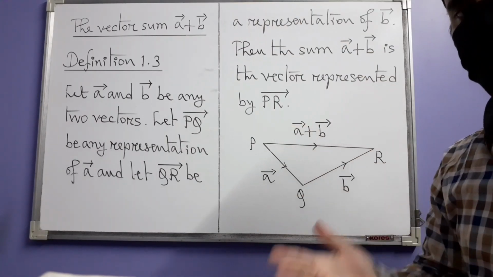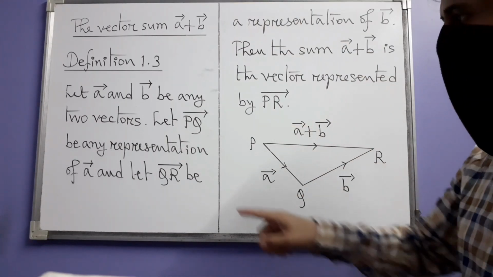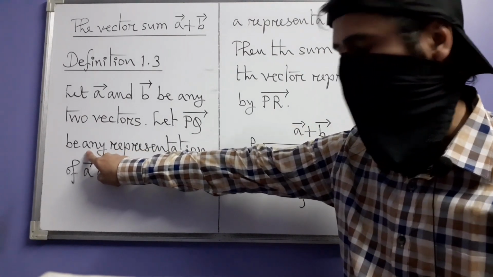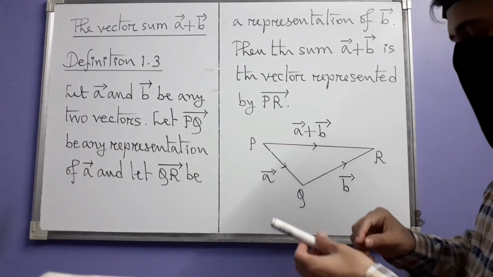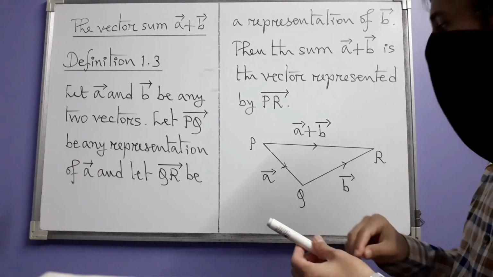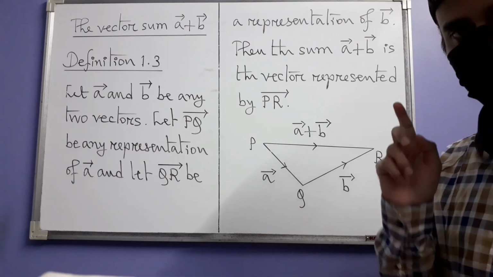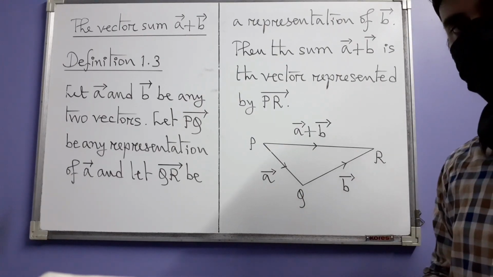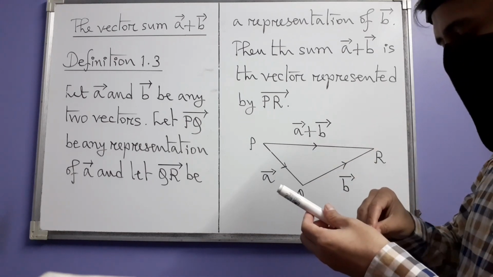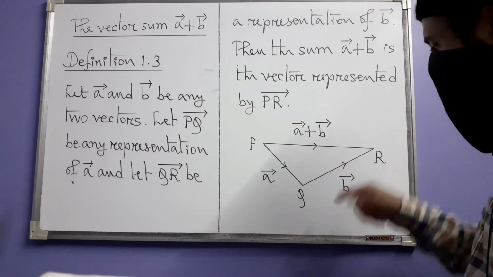So infinitely many different choices are there, and you are in fact emphasizing that by writing "any". But then how do we know that starting from that terminal point of this representation for A, we will have a representation for B, and the terminal point will be the initial point of the representation for B?